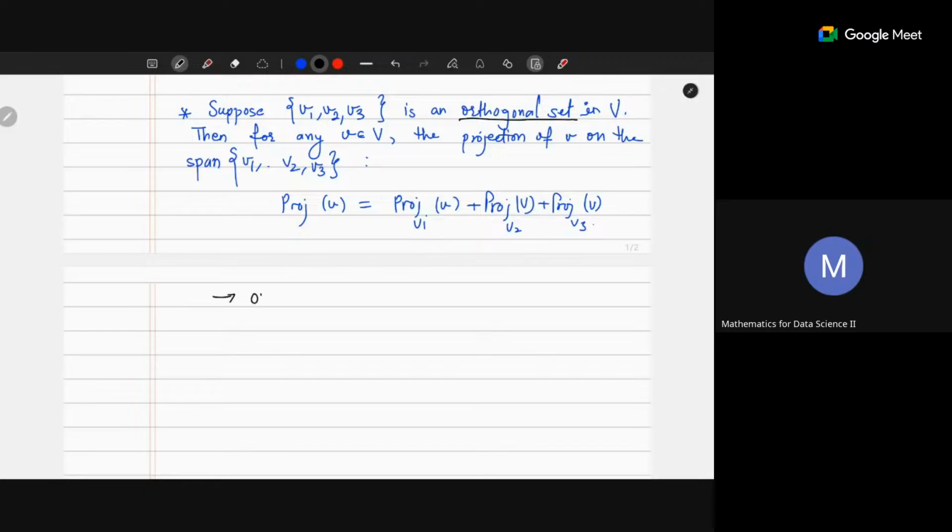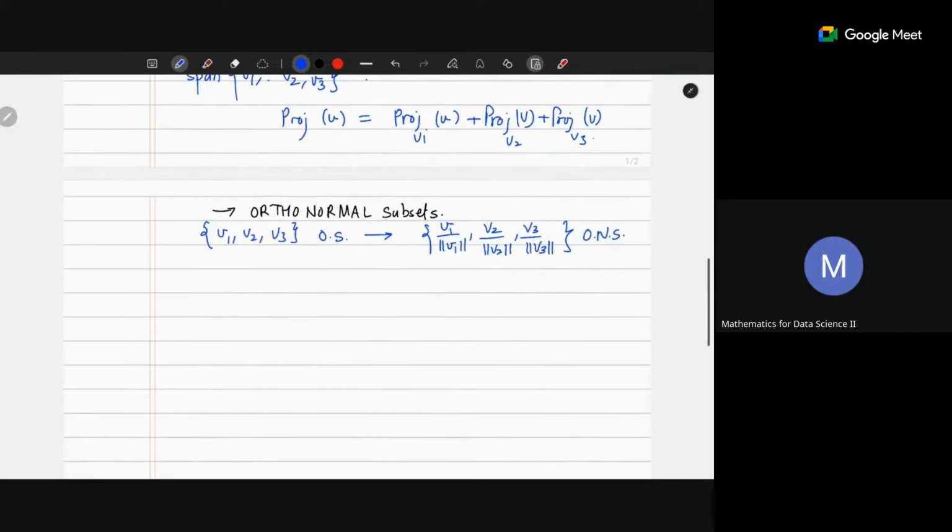So you can either convert it into an orthonormal subset. That means converting your v1, v2, v3, an orthogonal set, to v1 divided by norm of v1, v2 divided by norm of v2, v3 divided by norm of v3, an orthonormal set. All right. And apply this formula.